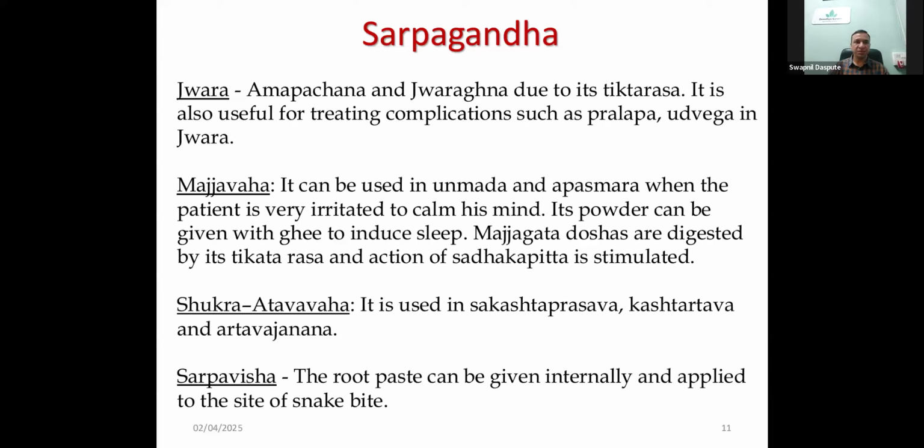The root paste can be given internally and applied to the site of snake bite. So external application and internal application. Now I had mentioned this in the past as well, that it is not that the patient comes to your clinic and suspects that it is a snake bite, and you get fresh sarpagandha root, make a paste of it, apply it and give internally.